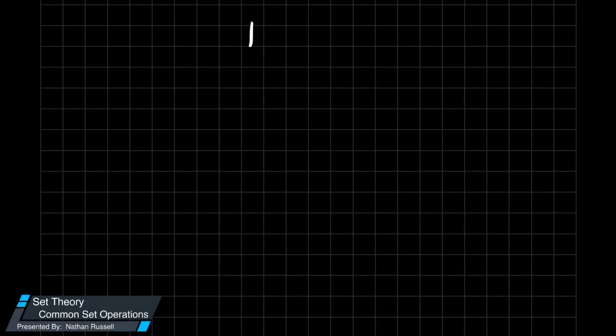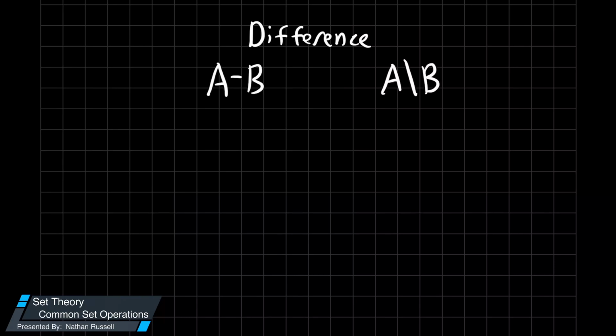Now consider set difference. So with set difference, you essentially have one set, and you're going to remove elements from it that appear in another set. So there's two ways to represent this. We have A minus B, and we also have A take out B. These are two ways to represent the same thing.